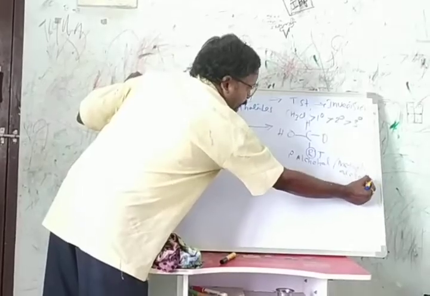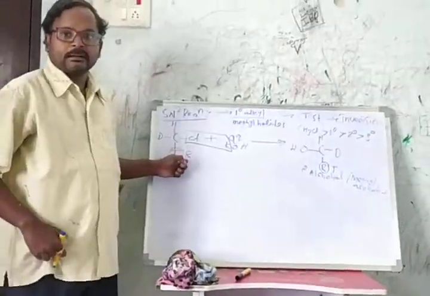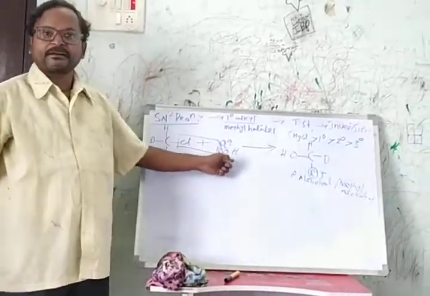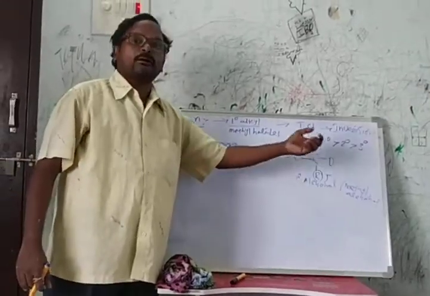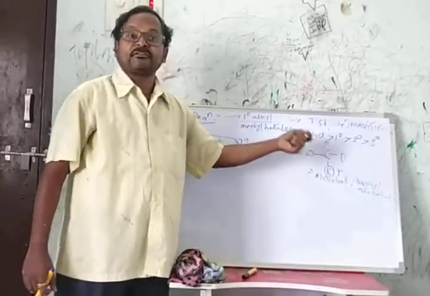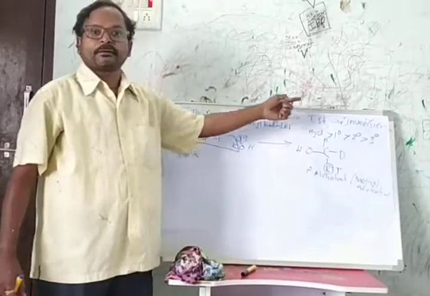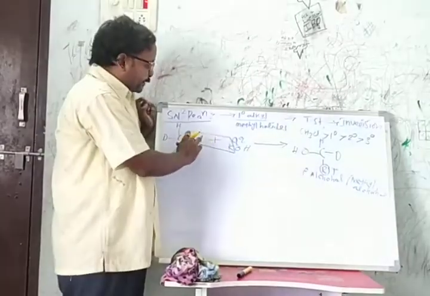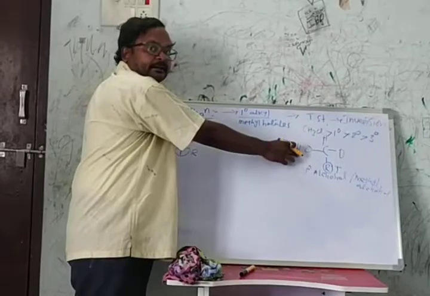What is the SN2 reaction here? When methyl chloride or primary alkyl halide reacts with aqueous potassium hydroxide, it forms primary alcohol or methyl alcohol with inversion of configuration. Inversion of configuration means Cl is removed from the right side and OH is present at the left side.